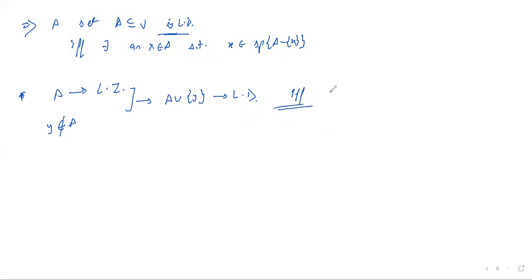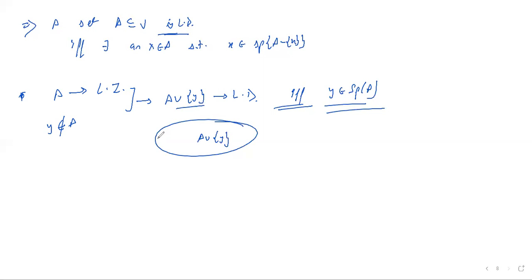A union y is linearly dependent if y belongs to the span of A. If y belongs to the span of A, then it can be represented in the linear combination, and when I take the union, I'm talking about the whole set. If this y can be represented in this set by linear combination, then the whole set would become linearly dependent. That's what we did in our previous example.